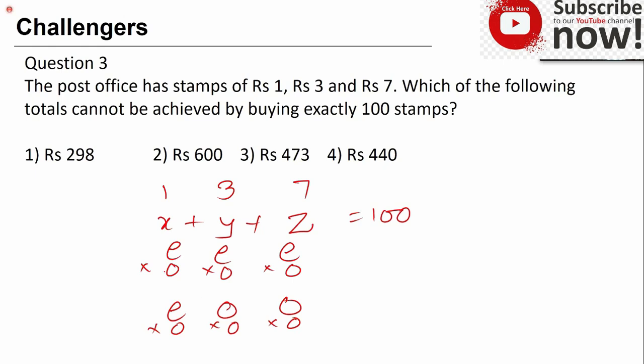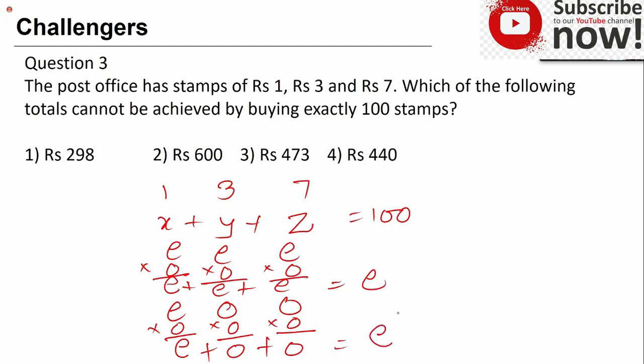Right? So what is even plus odd? Even into odd, even. Even into odd, even. Even into odd, even. What is the addition? Even. What about the second case? Even into odd is even. Odd into odd is odd. Odd into odd is odd. Even plus odd plus odd, the addition is again even.